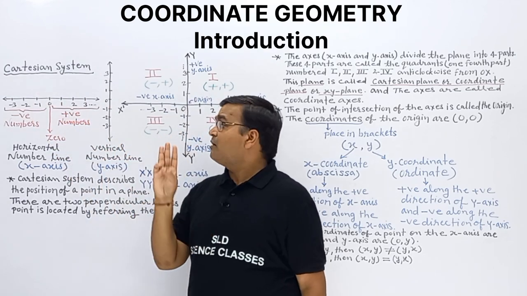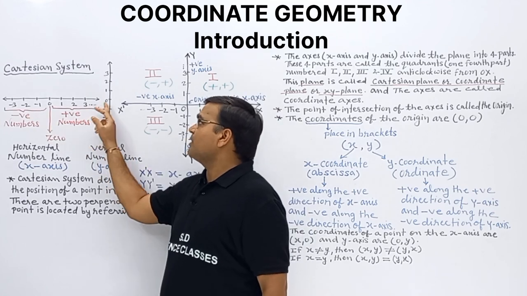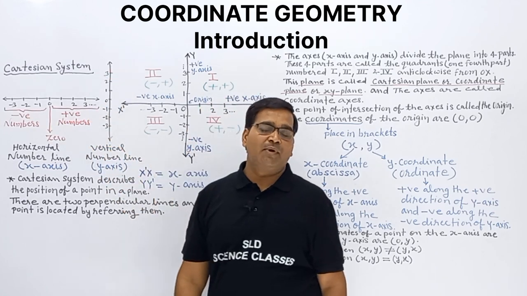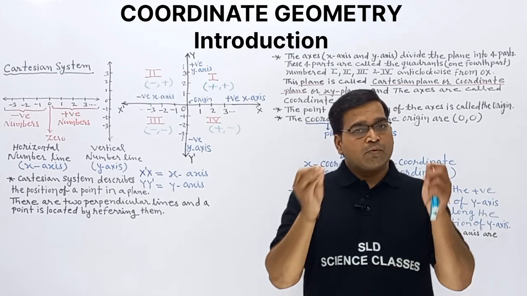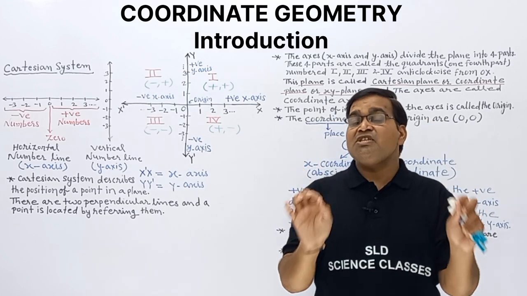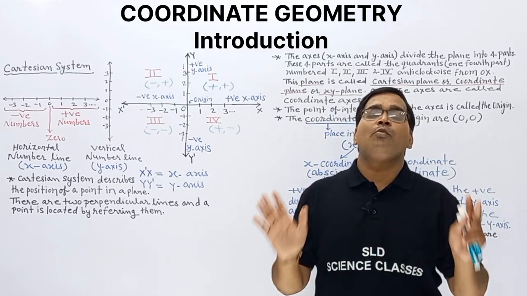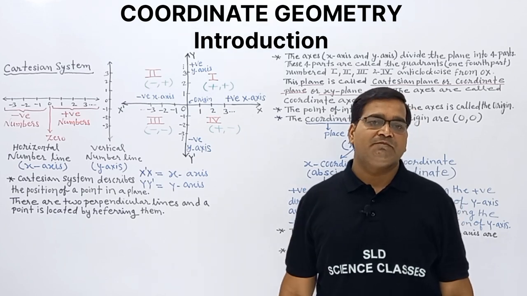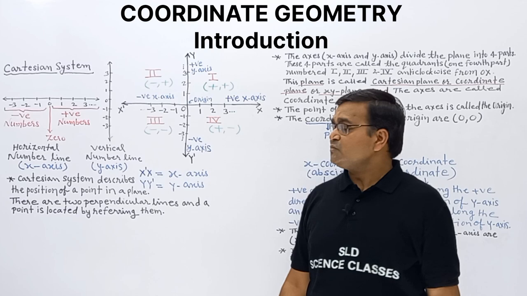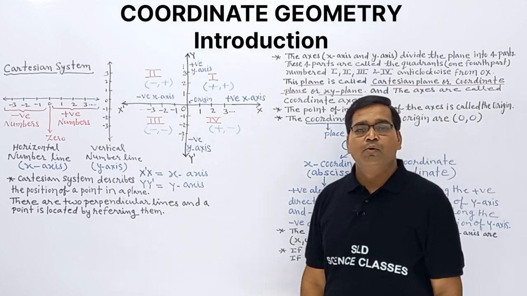And there are two types: the horizontal number line and the vertical number line. What is the use of these number lines? By using these lines we will draw the coordinate system. Clear?